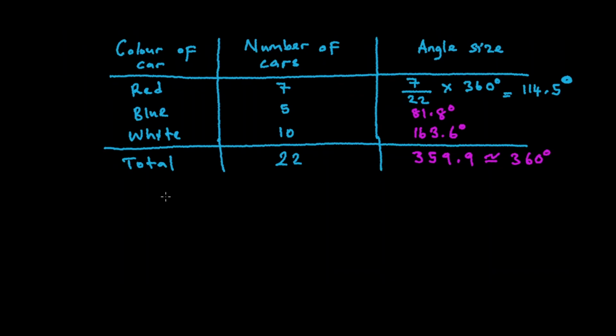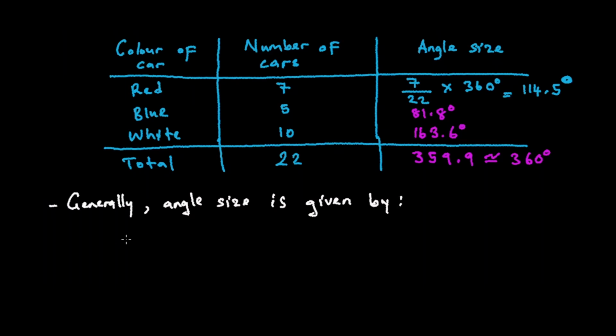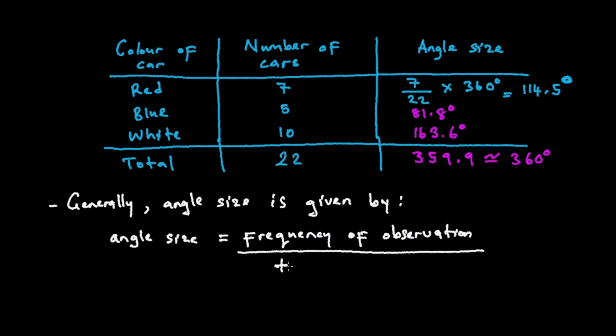Saka, let us now write general statements. Saka, a general statement panapa ndeyekuti generally angle size is given by trikuti angle size tudanyora iri a formula is equal to zvatatsanangura frequency of observation over total frequency times complete revolution 360 degrees.